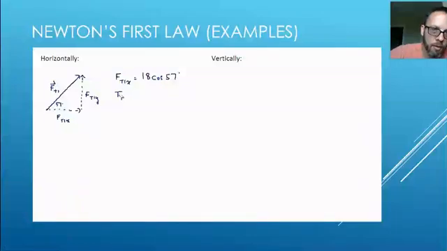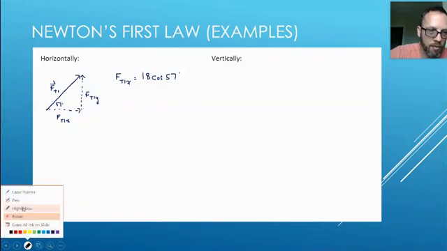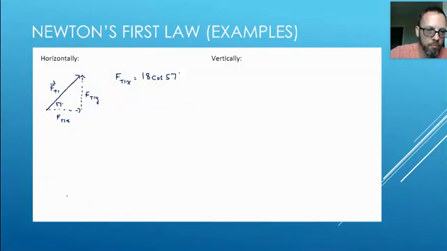I like using t for tension sometimes too, but then later on, t is going to refer to something else when we get to uniform circular motion. So I think we'll just keep it as Ft1y is equal to 18 sine 57 degrees. And these are just magnitudes.